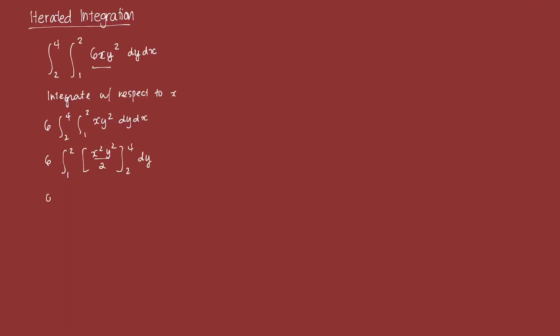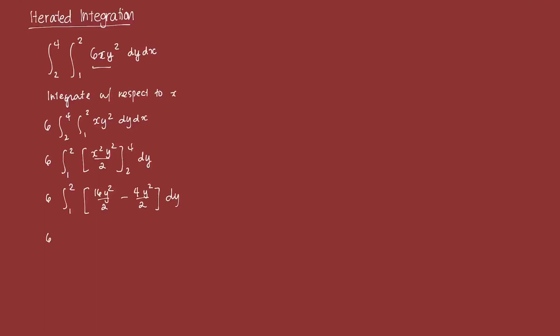So that's going to be 6 integral 1 to 2. Then if I plug in 4 and then 2, 4 squared is 16, so that's 16y squared all over 2, minus 2 squared, that's 4, so 4y squared all over 2, dy.